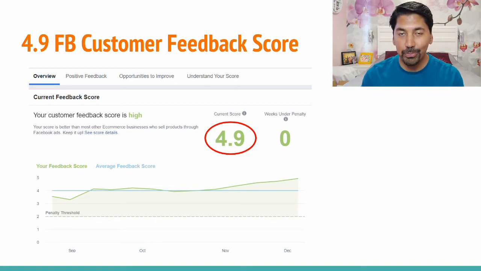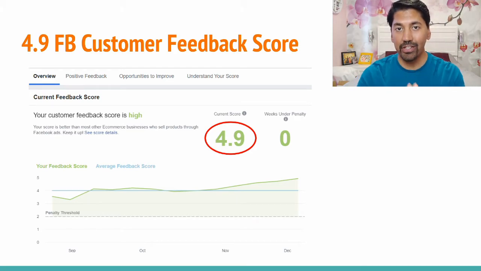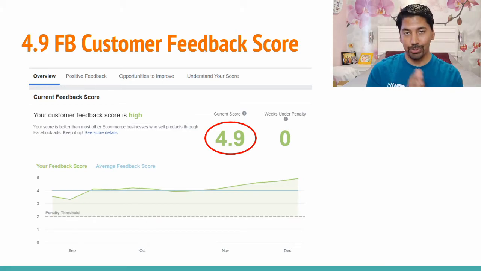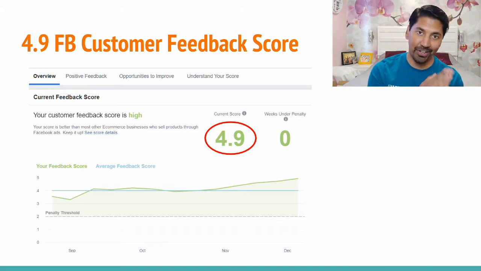So in order to protect the customer experience from Facebook's standpoint, they implemented this measure so that they can filter and identify and differentiate between the higher performing, higher quality stores that are providing a good experience to the customers, that are providing good quality products, good customer service, and differentiate them from the folks who are not, right?